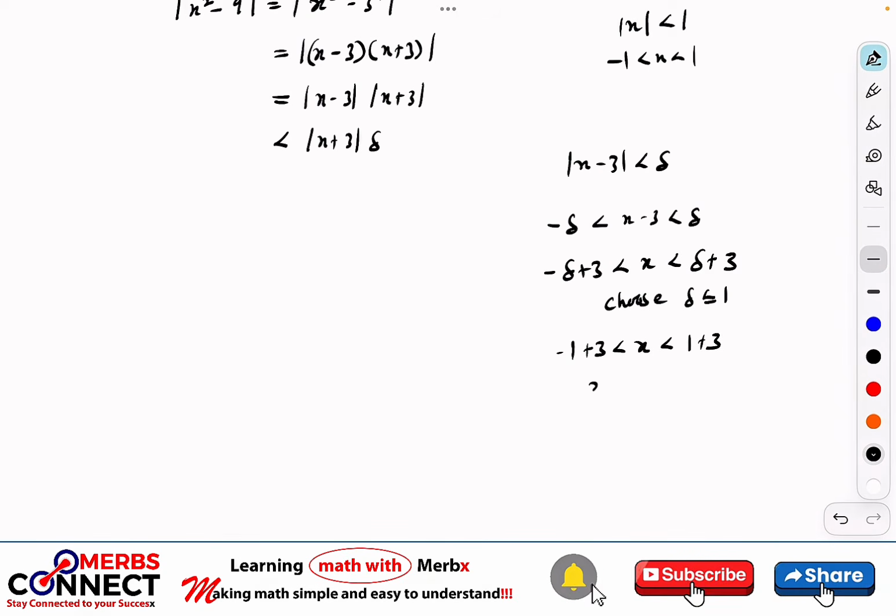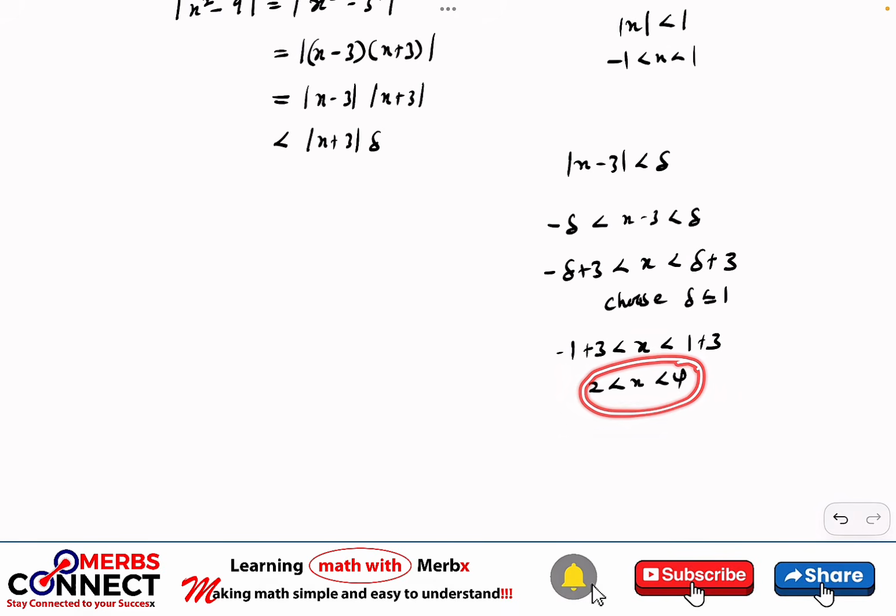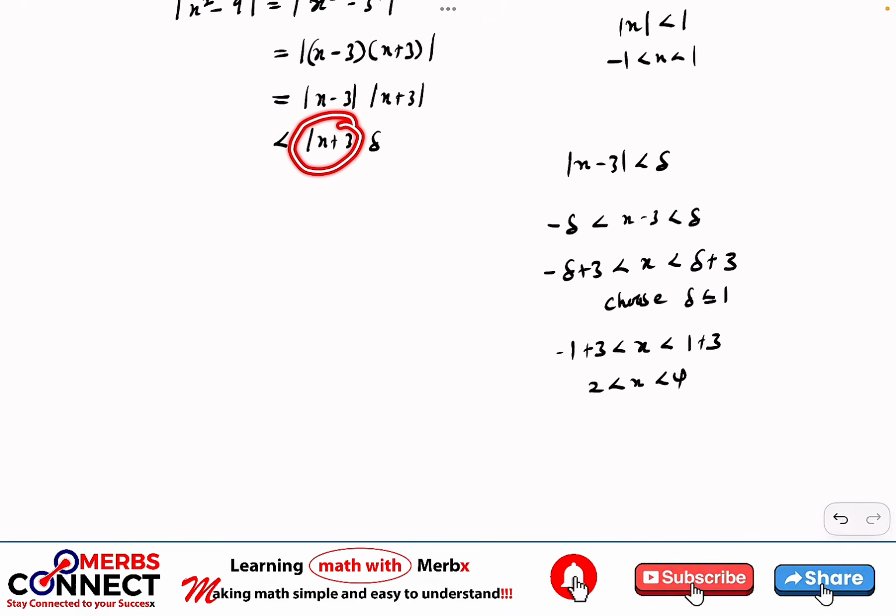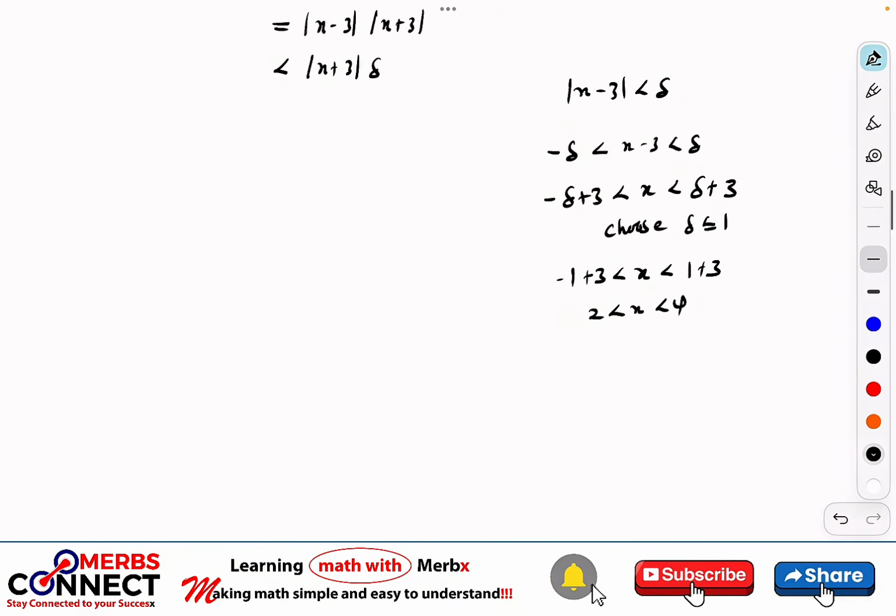So this is going to be 2 less than x less than 4. Good. So I've gotten a nice equation here. Now this nice equation will help me to solve this. Now let's see what happens here. Now I have absolute of x plus 3 right here, but we want to make sure that we have this one from this. So what am I going to do here? Very simple.